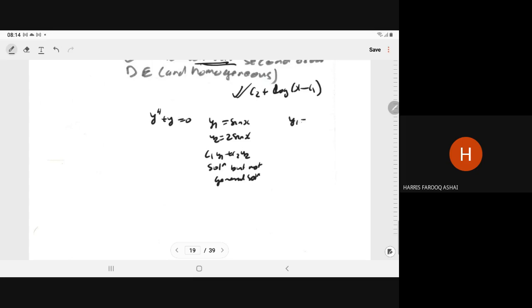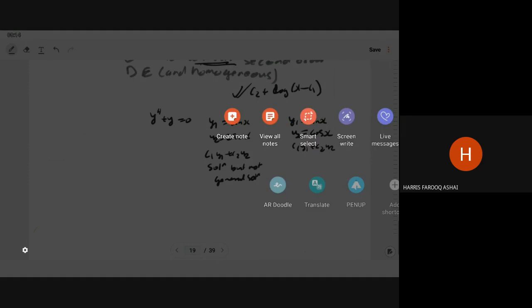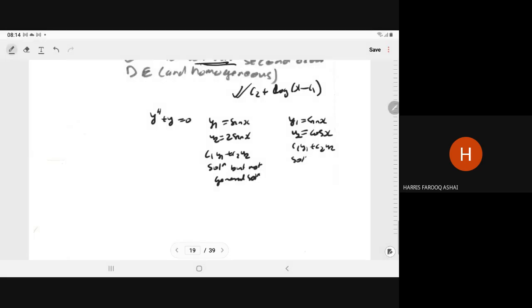But when y1 is equal to sin x and y2 is equal to cos x, then c1 y1 plus c2 y2 is a solution, and by theorem 15, also a general solution. That is the basic difference. In both cases, by theorem 14c, the linear combination is a solution. Clear? Yes, sir.